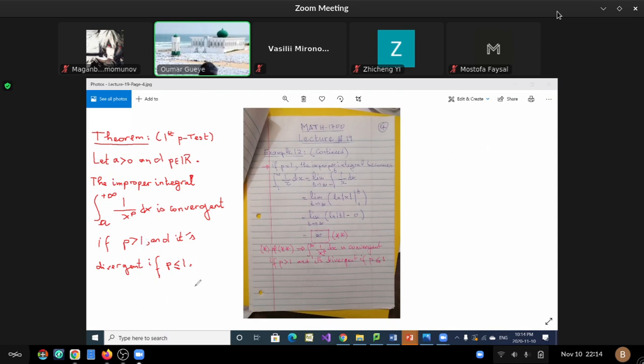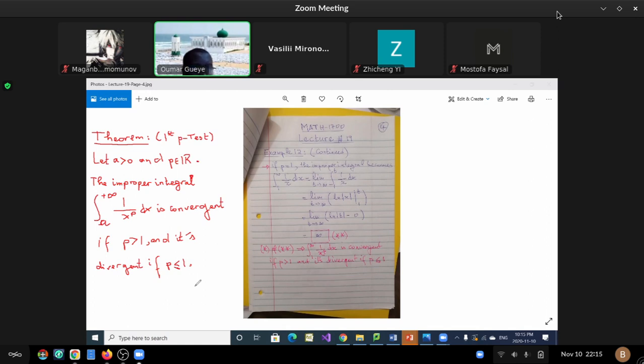And this is what we call the first P test, and we're going to apply it in our next class in order to be able to conclude about very complex integrals. Okay, just keep in mind when you have such an integral, no matter what is your a, as soon as it's a positive number, this integral is always convergent if your p, the exponent of x, is a number greater than 1.